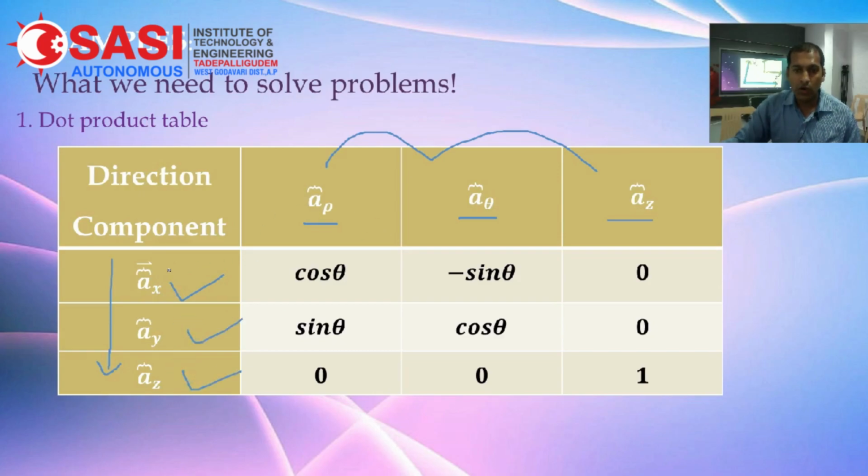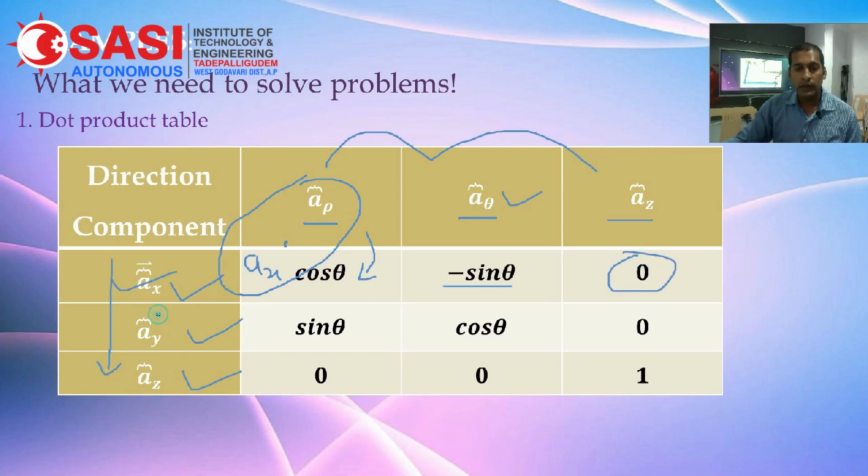So if we take dot product of AX cap and AR cap, then we get answer as cos theta. If we take product of AX cap and A theta cap, we get minus sin theta. If we take AX cap, AZ cap, we get answer as 0.